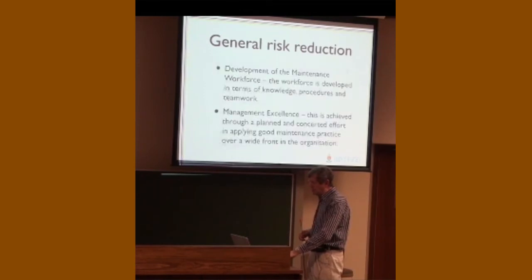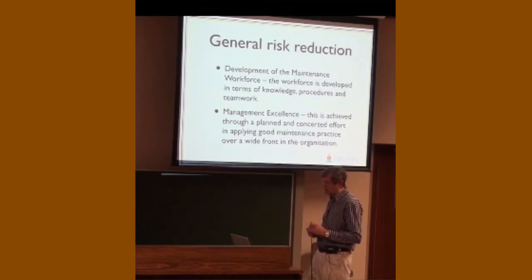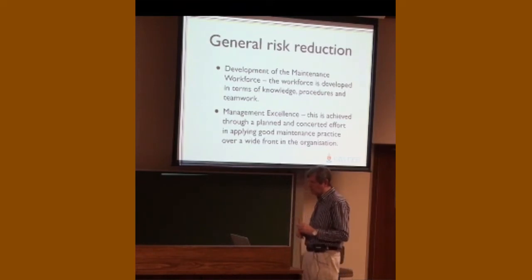And then also development of the maintenance workforce. The workforce is developed in terms of knowledge, in terms of procedures, in terms of teamwork. And then going for management excellence that we just looked at in terms of chapter 13 of the textbook. This is achieved through a planned and concerted effort in applying good maintenance practice over a wide front in the organization.